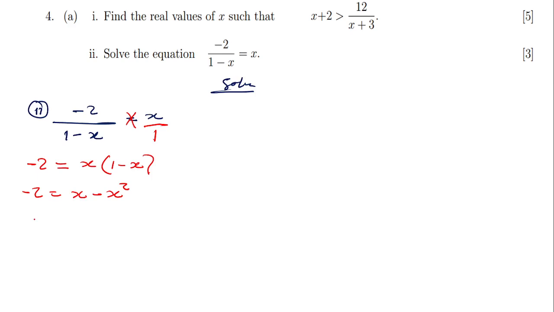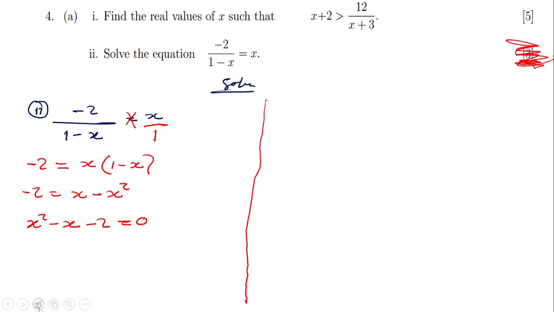So it will be x squared minus x minus 2, which is equal to 0. From this part, I just feel this was a free mark. It was not even supposed to have 3.